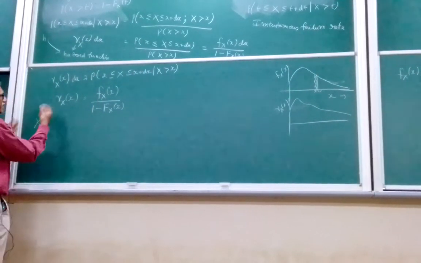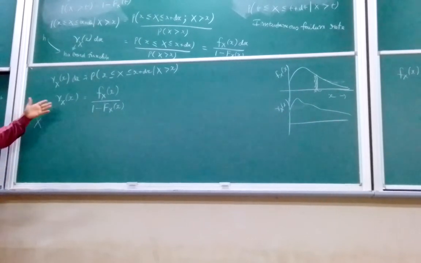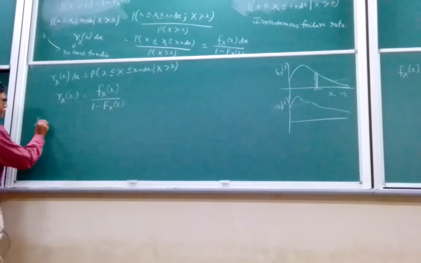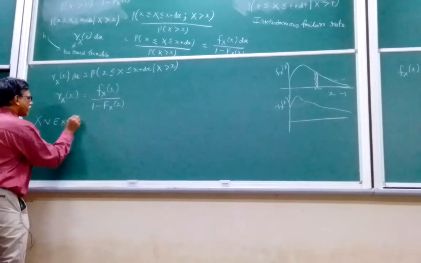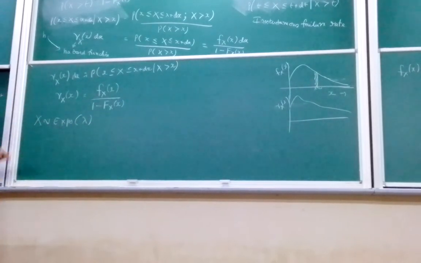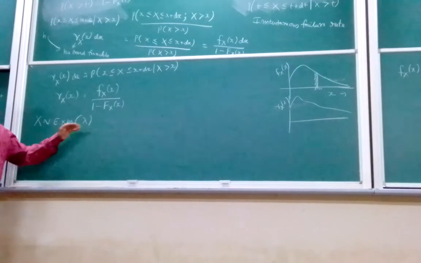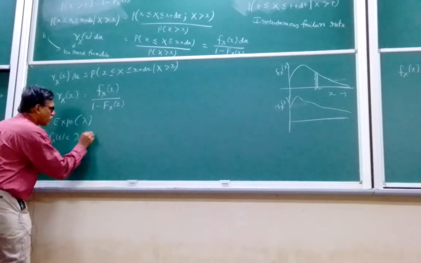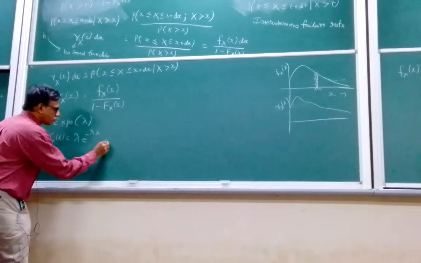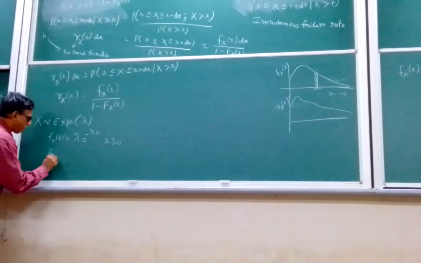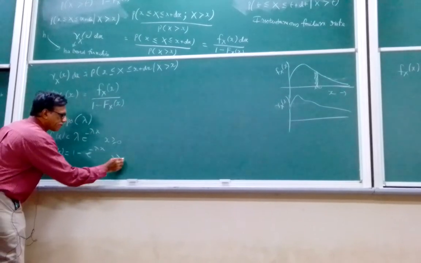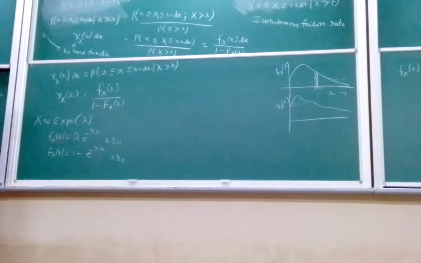Next, for any given random variable you can define a hazard function. Let's look at the case of the exponential random variable. If you have a component whose lifetime is exponentially distributed with parameter lambda, then you know that fX(x) is equal to lambda e power minus lambda x, of course for x greater than or equal to 0.